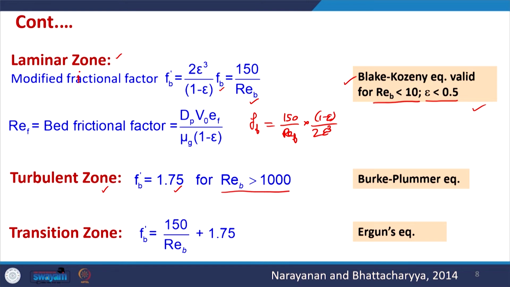Now, if there is a transition zone, that is REB is less than 1000 but greater than 10, under that condition FB dash can be given by combining both. So, we have 150 by REB plus 1.75. So, we have to cross check which zone it is, whether it is laminar, turbulent or transition.